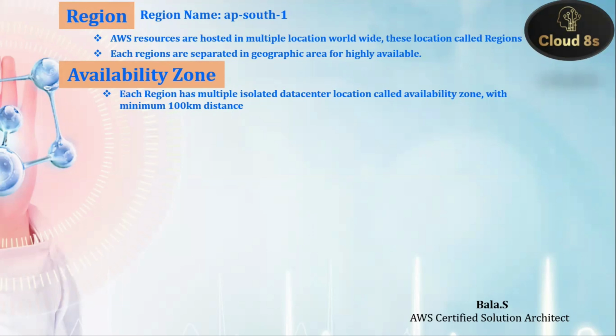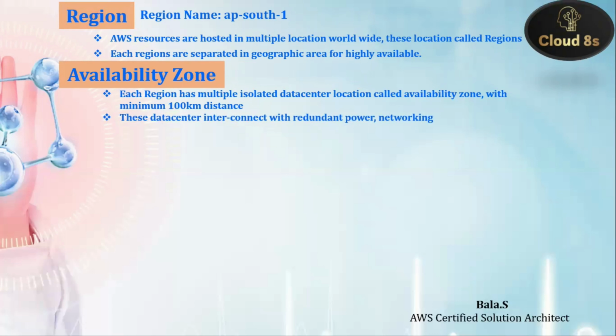Those availability zones are hosted at a maximum distance of about 100 kilometers, so that in case anything happens in one availability zone, we can still access our workloads in another availability zone. That is the reason each region has different availability zones located in different locations.